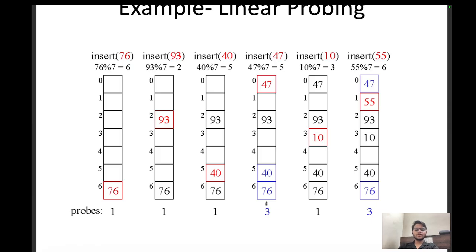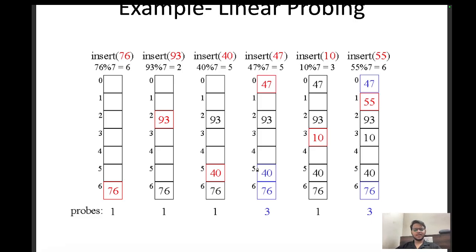The thing is that we cannot store it outside of the array, and we have to keep it inside the hash table as well. So we do one thing: we increase the key value by plus one.